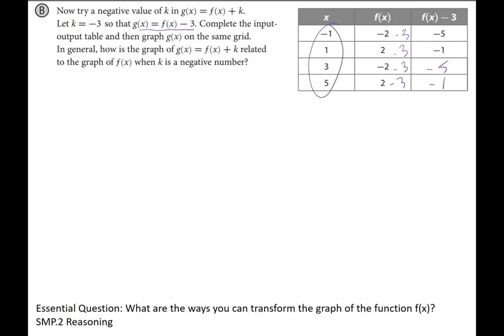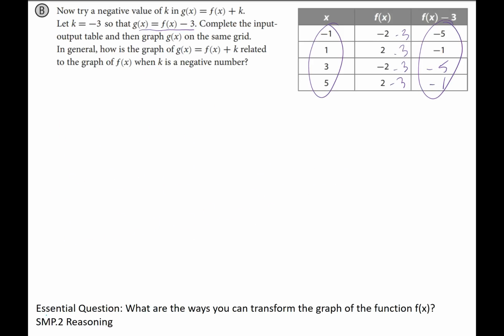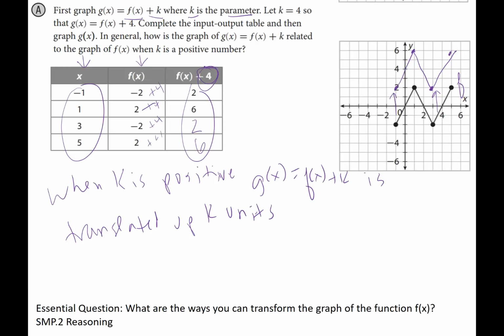So we're going to plot these points, and I'm going to go ahead and do that in a different color on the same graph. It was -1. Let me look at my numbers again. -1, -5.